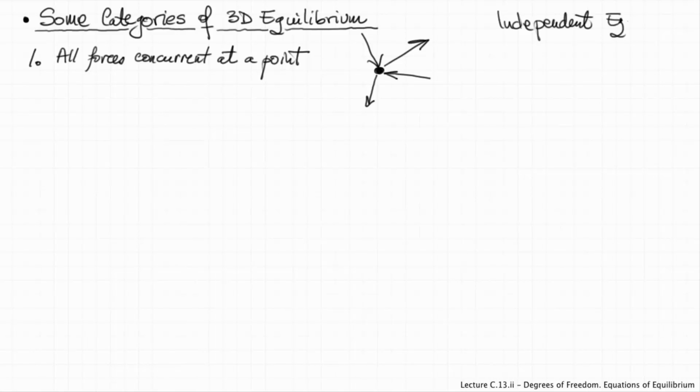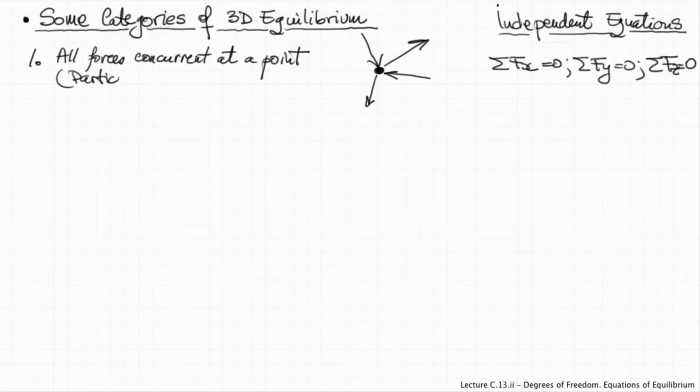Now, what we need to find out is how many independent equations we can write for each of these specific cases. So in this case, we will write 3 equations of equilibrium. And this is, in fact, I hope you've easily recognized, the case of a particle in 3D really, where all the forces act on the particle itself. So the particle can only translate, hence the 3 equations of equilibrium.